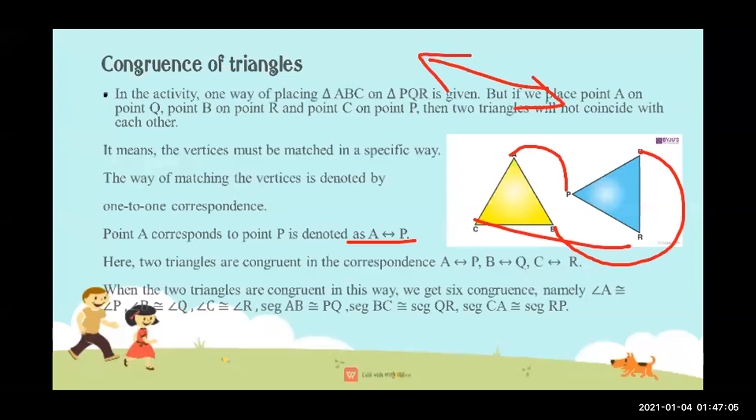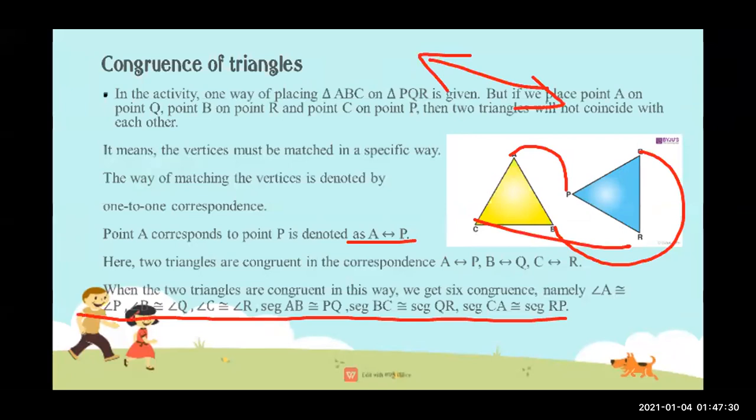So here we have seen that when the two triangles are congruent, in this way we get six congruences. How much do we get? We get six congruences, namely angle A is congruent to angle P, angle B is congruent to angle Q. You can see which angle is congruent to which one.